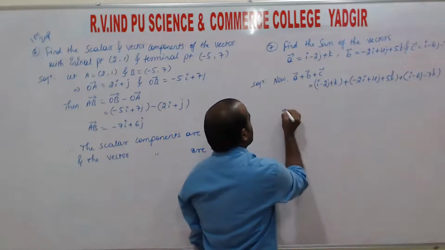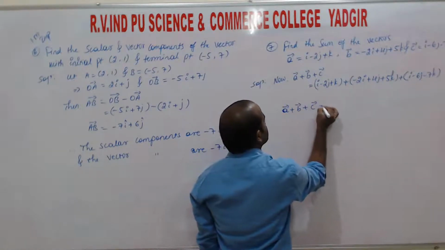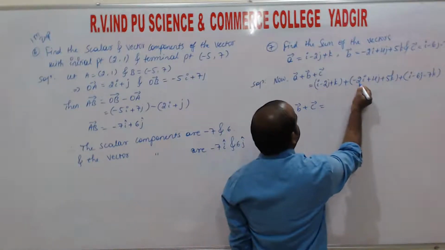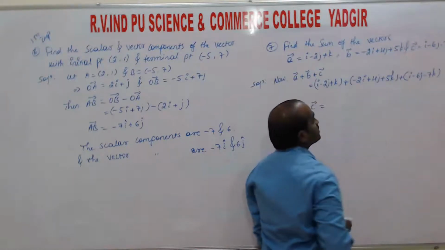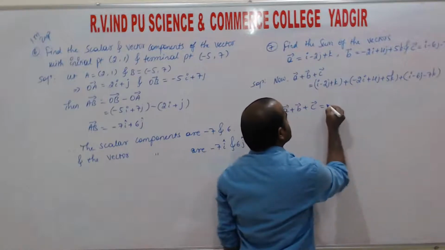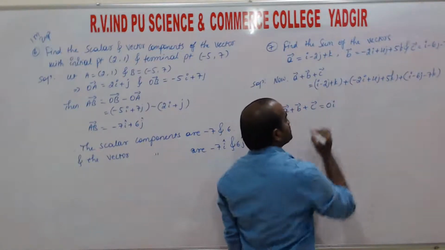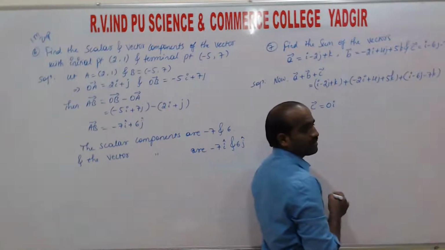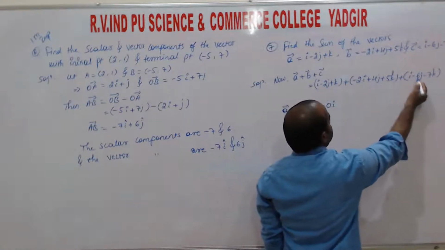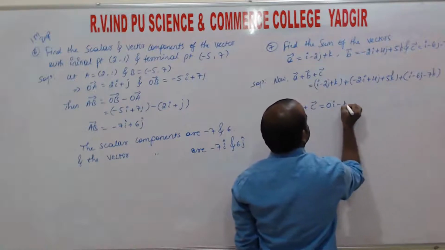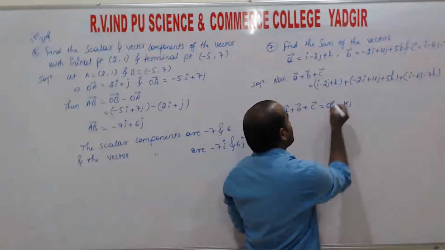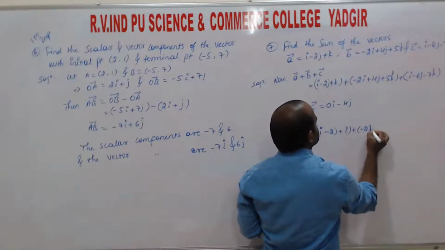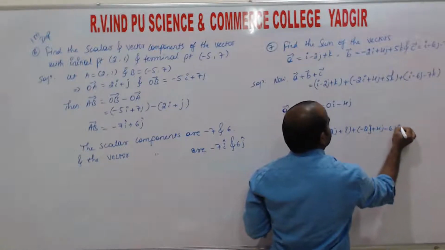Now A vector plus B vector plus C vector is equal to, separately adding the i, j and k terms. i terms: i minus 2i plus i is 0i. Next, j terms: minus 2j plus 4j minus 6j is minus 4j.